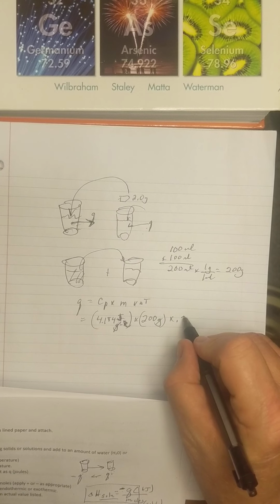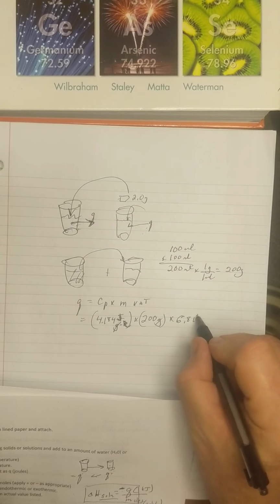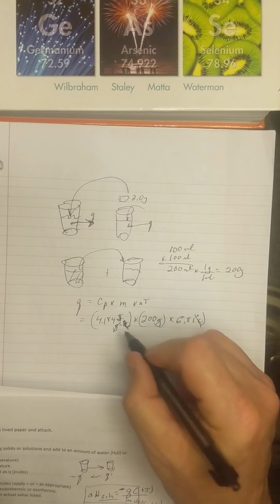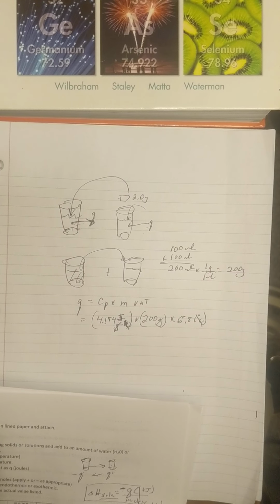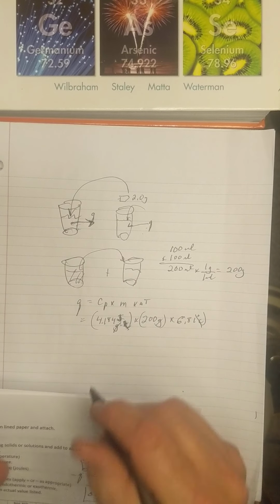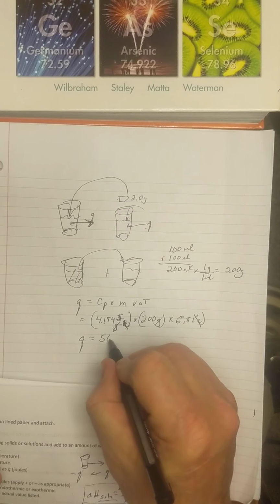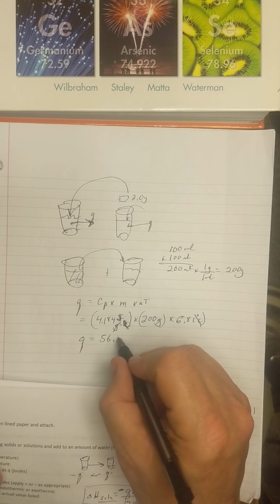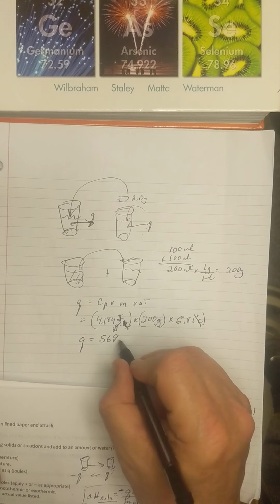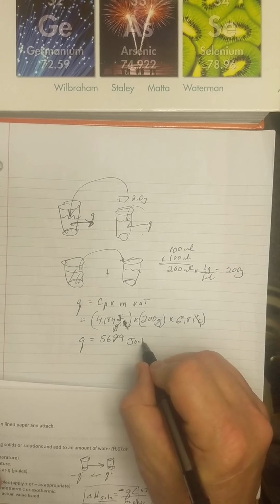Now, the temperature change was 6.81 degrees Celsius, which cancels out the temperature unit. So your heat is 4.184 times 200 times 6.81. The Q for this then is 5,699 joules.